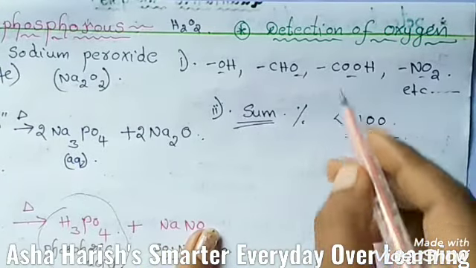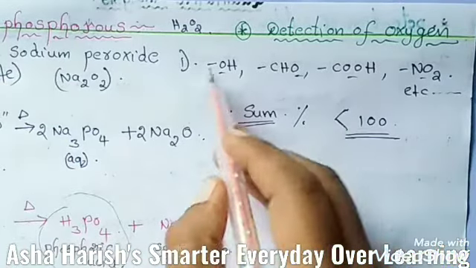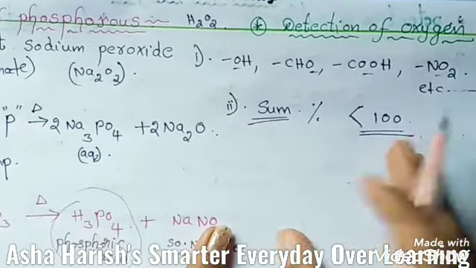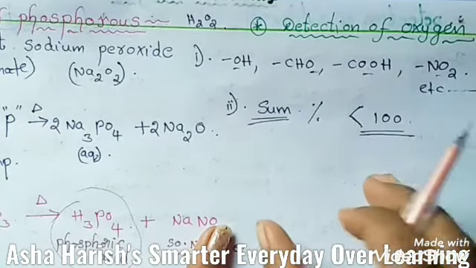You can ignore this simply, and if you identify these types of functional groups in that particular organic compound, you can say there is the presence of oxygen.